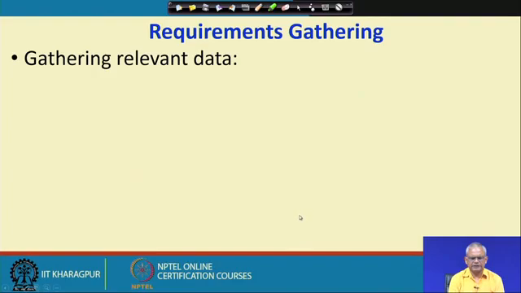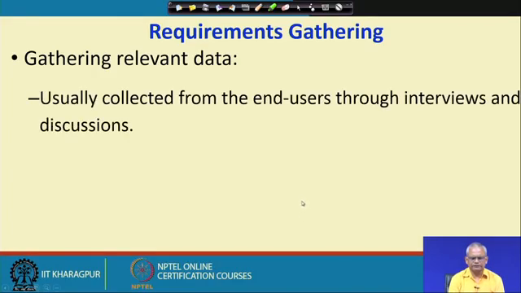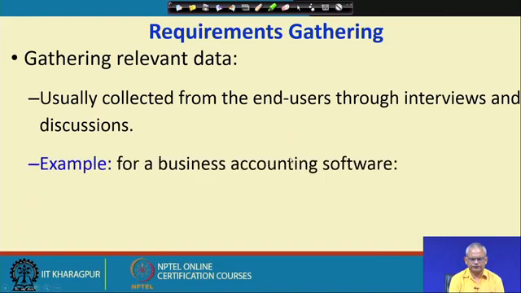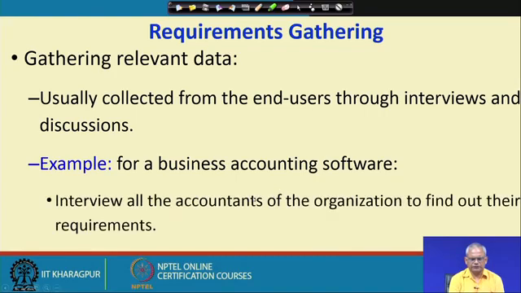During requirements gathering, the relevant data is gathered from the end users, normally through interviews and discussions. For a business accounting software, we might have to interview all the accountants in the organization who are working in the manual mode, find out what exactly they are doing right now, and what is the requirement from the software.